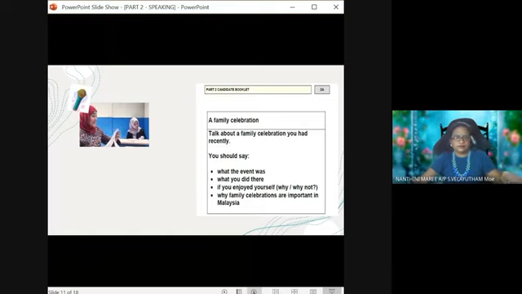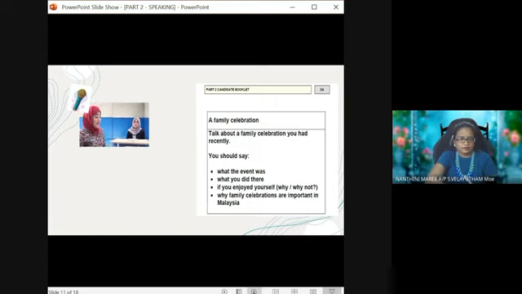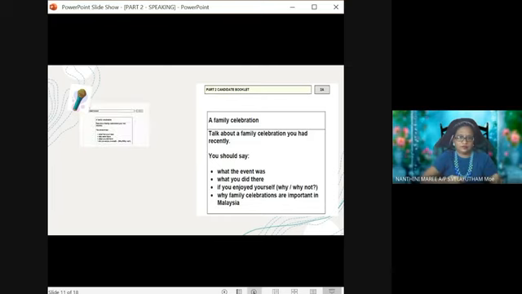In this part of the test, I'm going to give each of you a topic, and I'd like you to talk about it on your own for about a minute. You also need to answer a question briefly about your partner's topic. Anas, it's your turn first. Here's your task. I'd like you to talk about a family celebration you had recently.